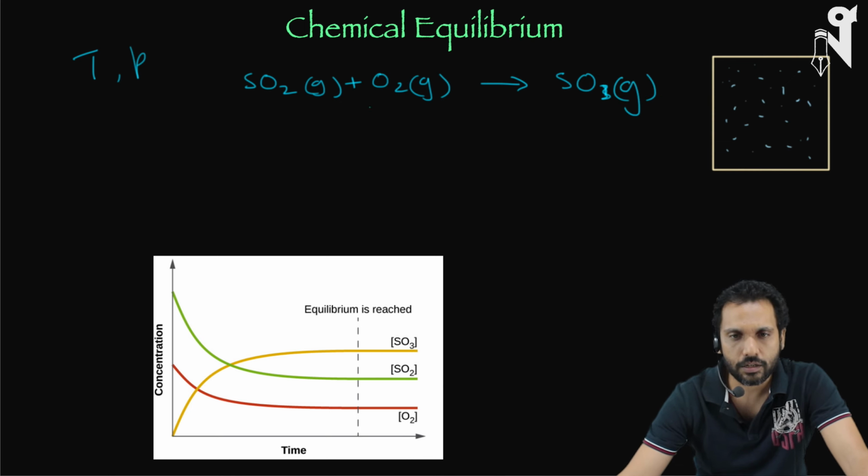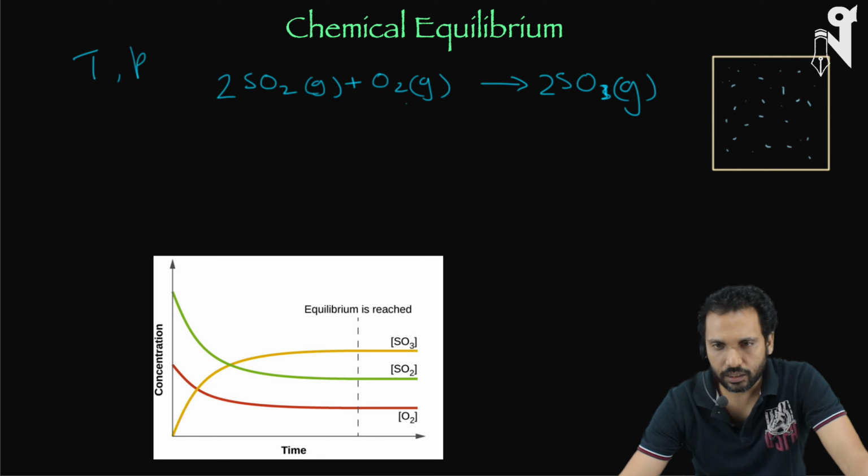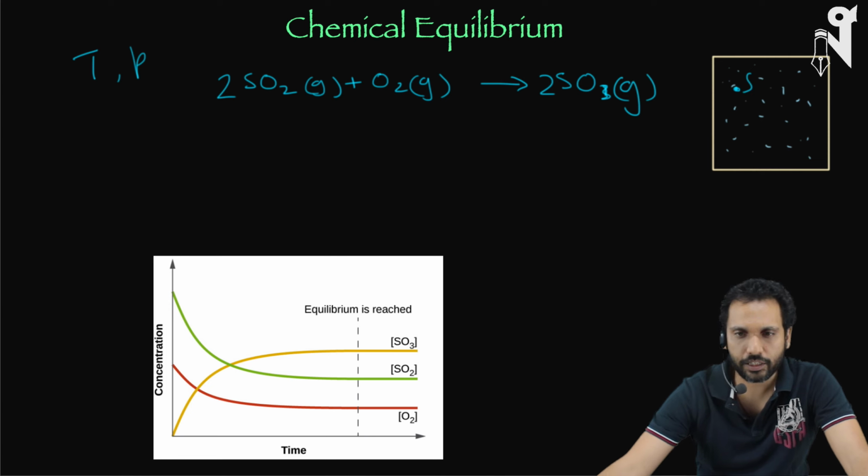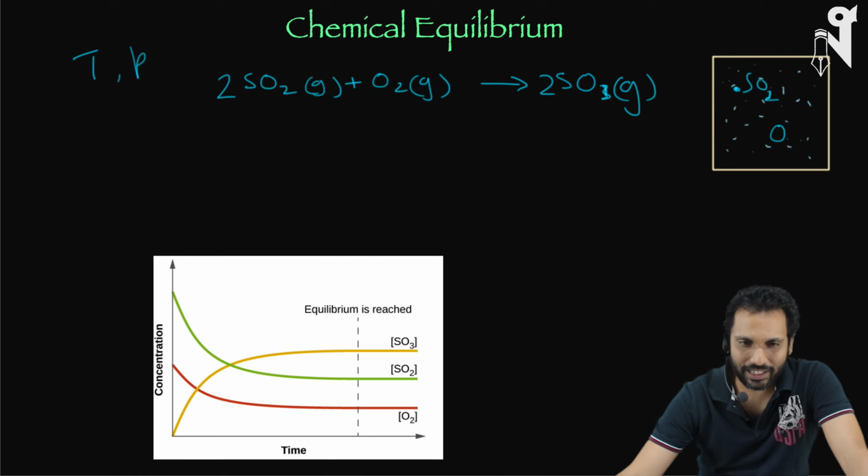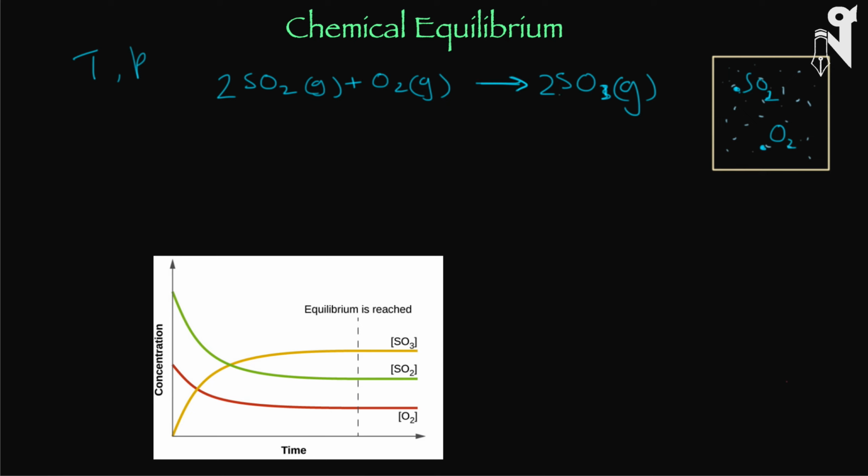So at a high temperature it is happening. Initially, when only SO2 and only O2 is there, it is bound to produce SO3, and the reaction is going to go forward only.